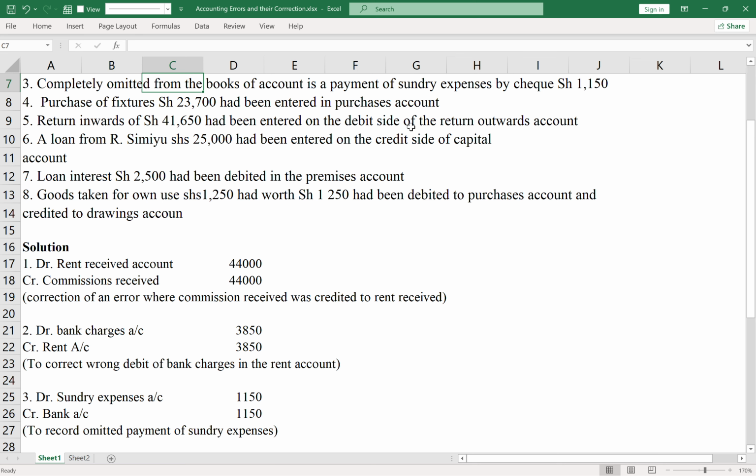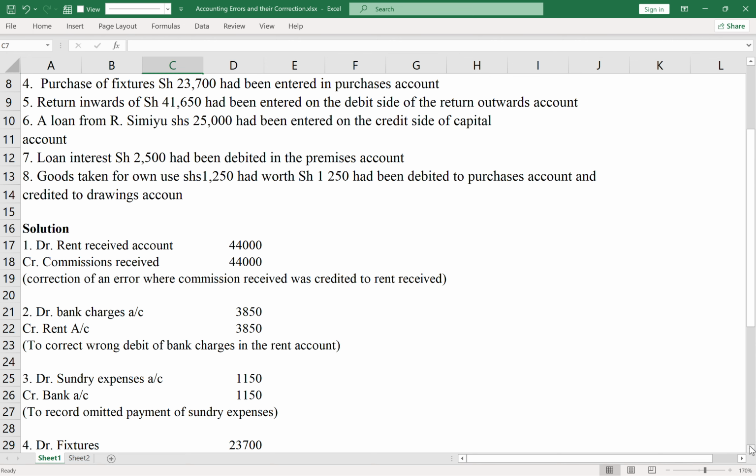Number 4 is purchase of fixtures, 23,700, which had been entered in the purchase account. We'd like to correct this. The fixtures had been entered in the purchase account instead of the fixtures account.